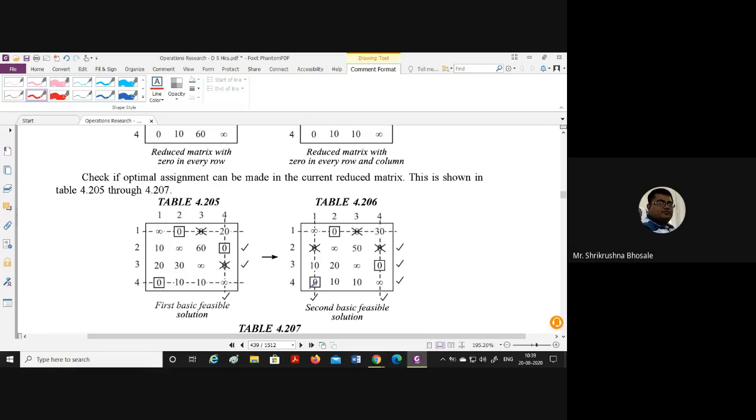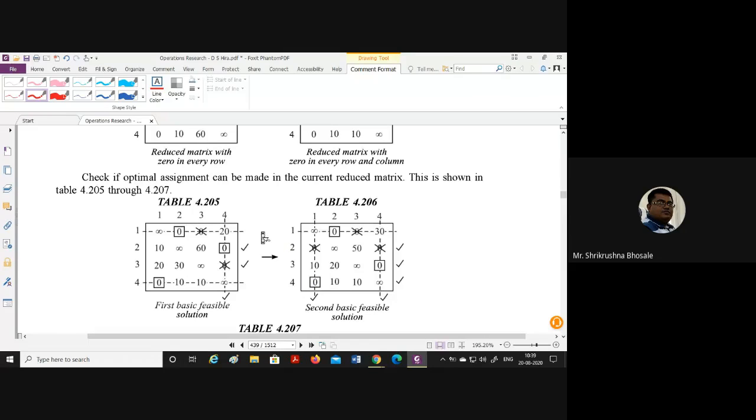So we can go for the allocations again. Whatever the non-allocated rows are, where zeros are present and where the allocated zeros are, you can do that part and find the minimum number. You have to subtract it from the remaining numbers, and you can add where crossing is there.